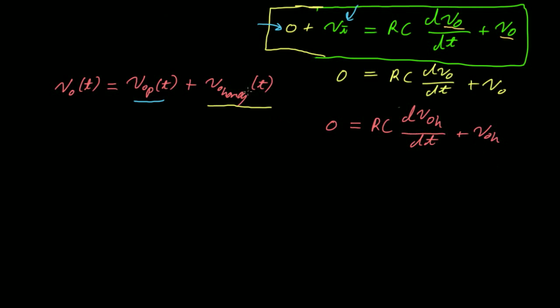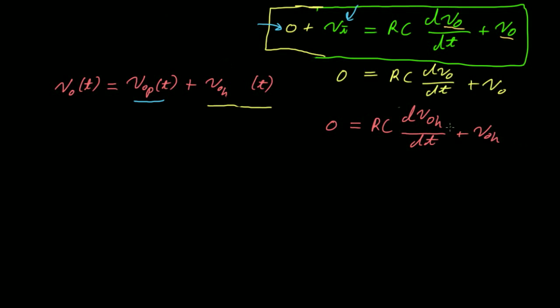So now we are solving for V0 homogeneous. If we are able to solve this differential equation, we are going to get our homogeneous solution to the differential equation.